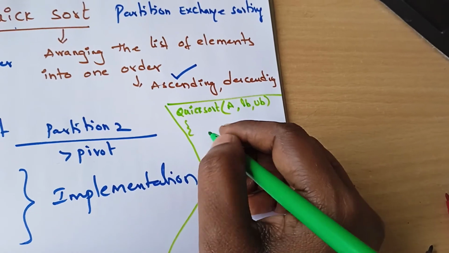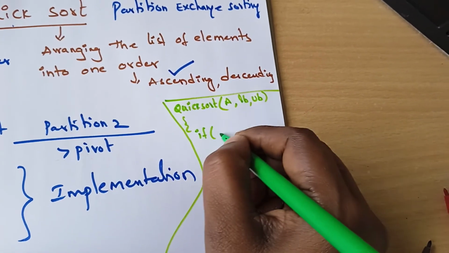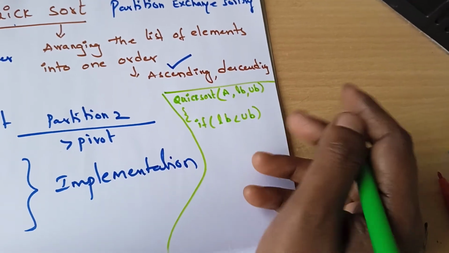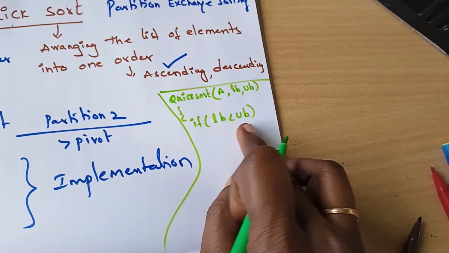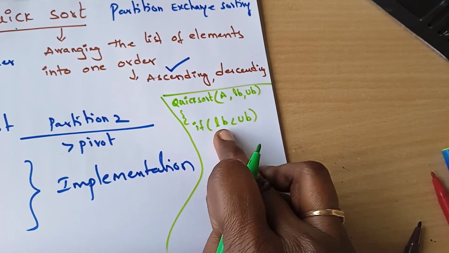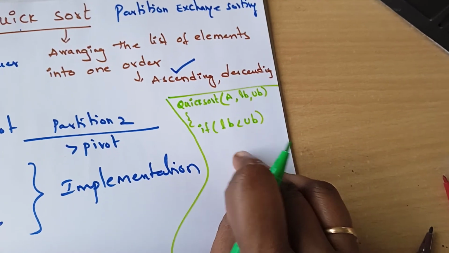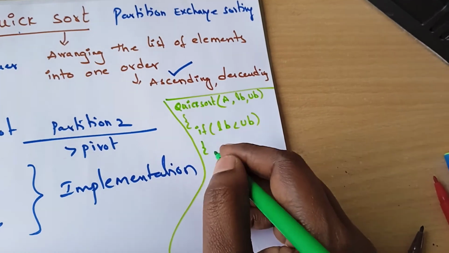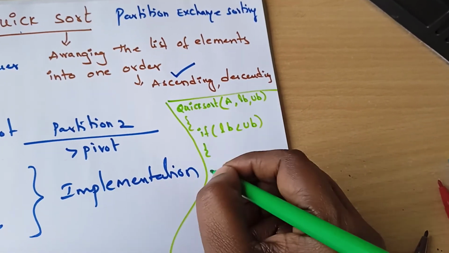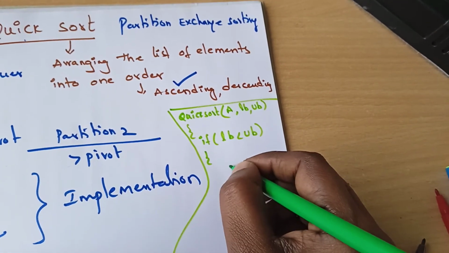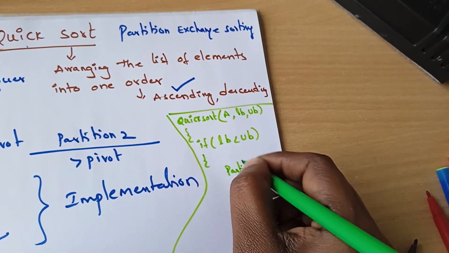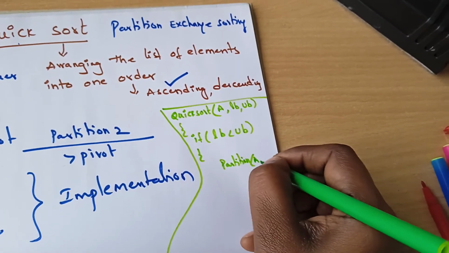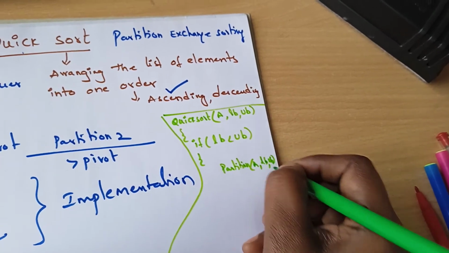Now, if lower bound is less than upper bound, that is, when you have lower bound and upper bound elements, and only when it is lesser can you sort the elements, right? Now lower bound is lesser than upper bound. Now we will be doing partition of array of elements, lower bound comma upper bound.